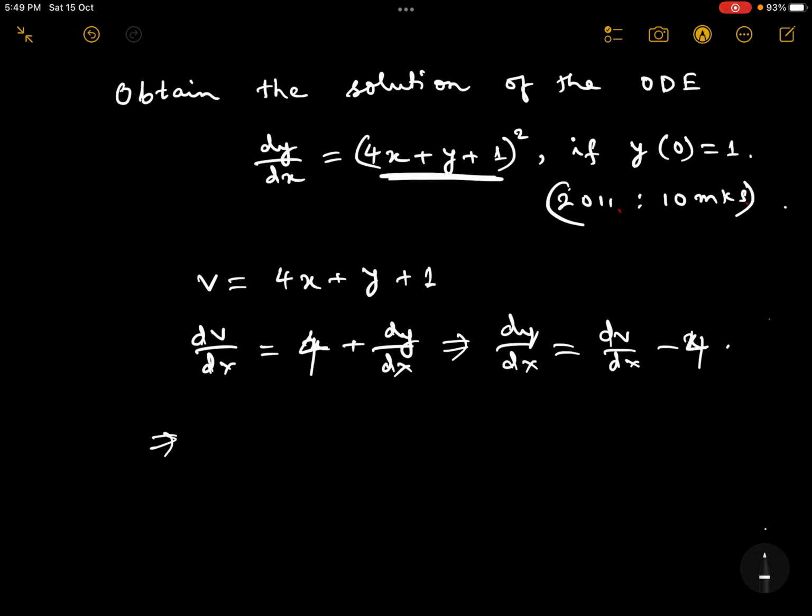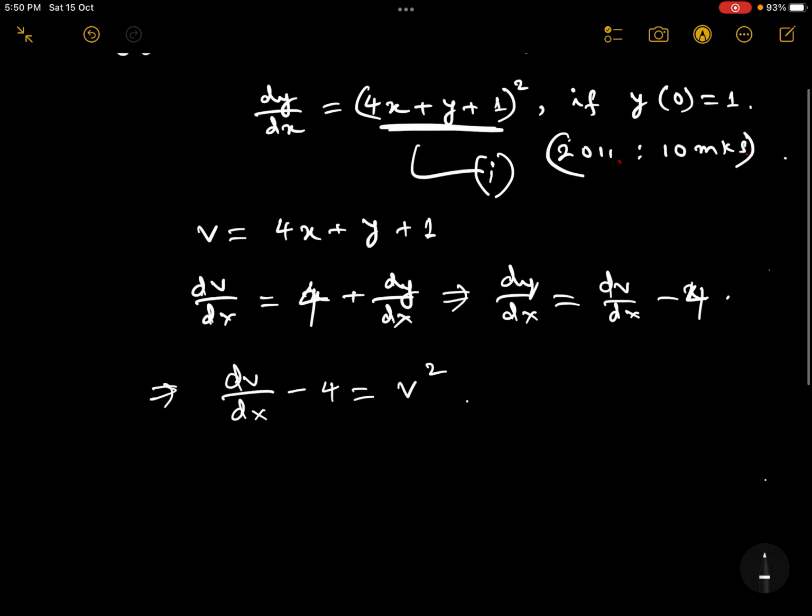So dv upon dx is 4 plus dy upon dx. This equation 1 becomes dv by dx minus 4 equal to v square. Okay, I'm going to separate the variables dx and dv.